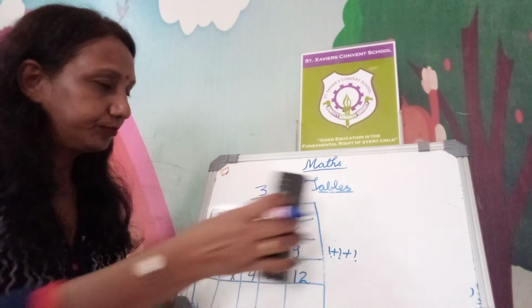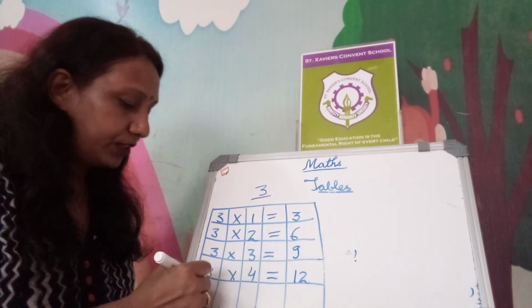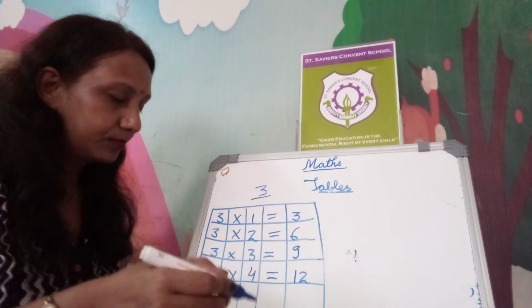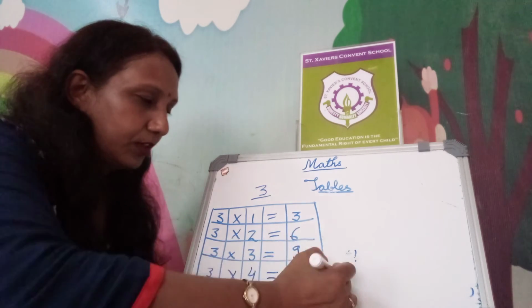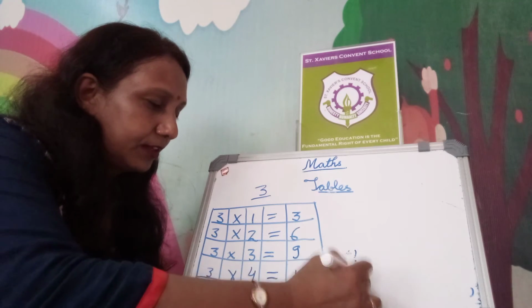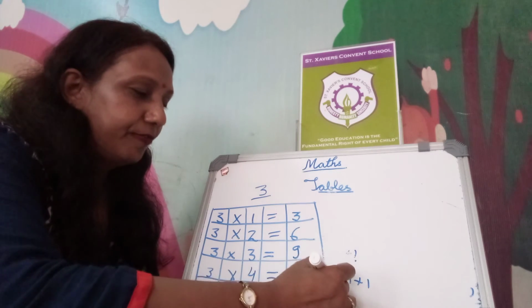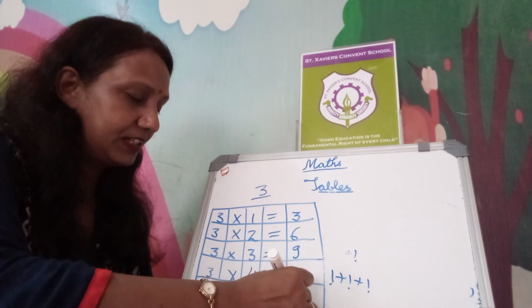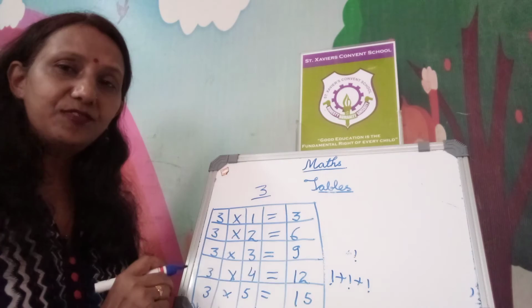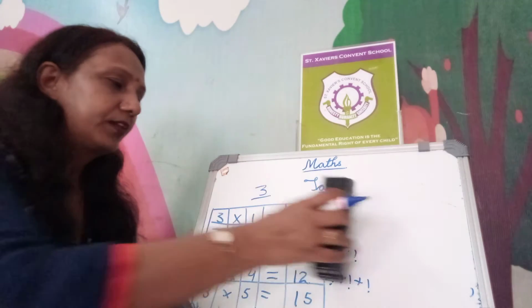Alright. Now 3 5s are 12. Add 1, 2, 3 more. 12, 13, 14, 15. 3 5s are 15. Okay.